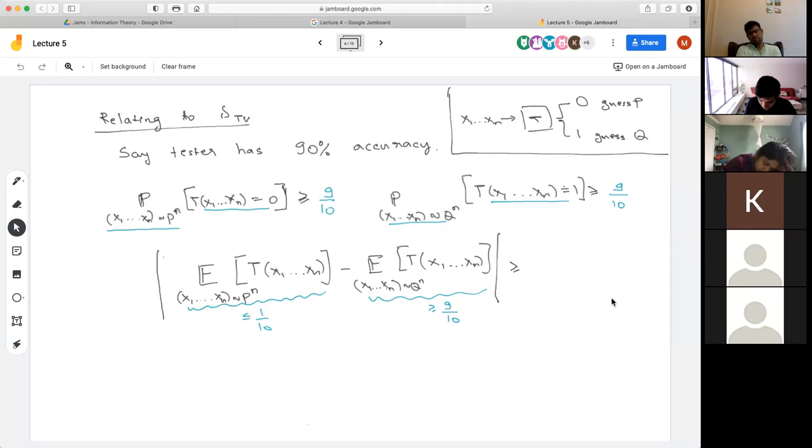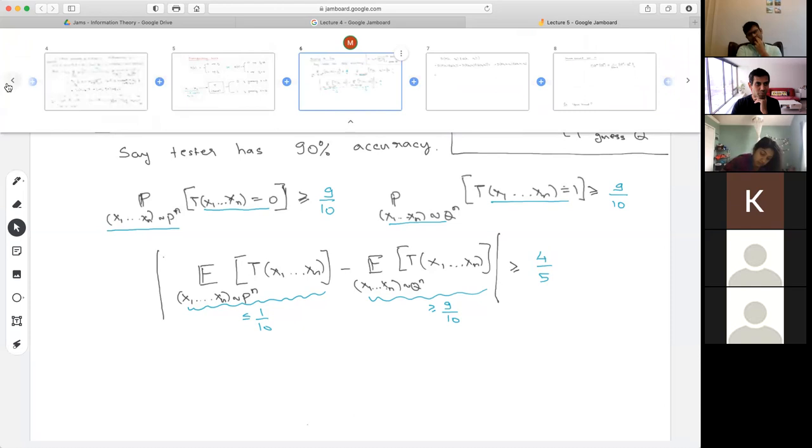And so the difference of the two expectations will be at least 4/5, or 8/10, in absolute value. So now it looks very much like a statement of the type we saw for statistical distance.